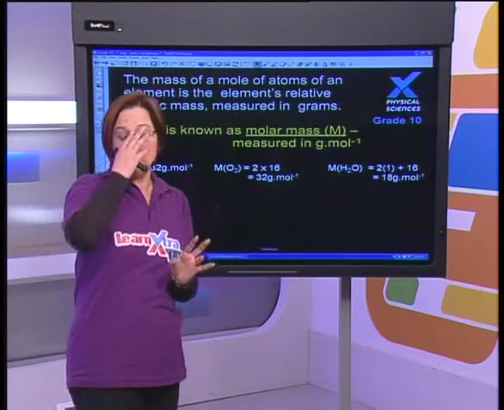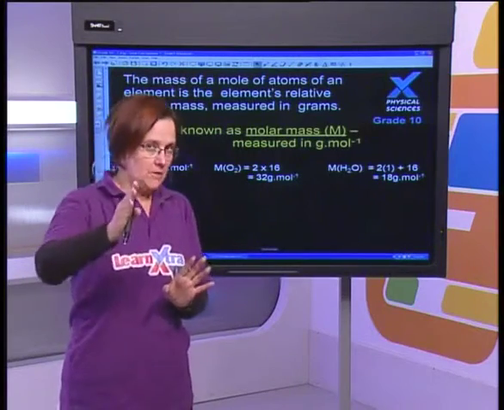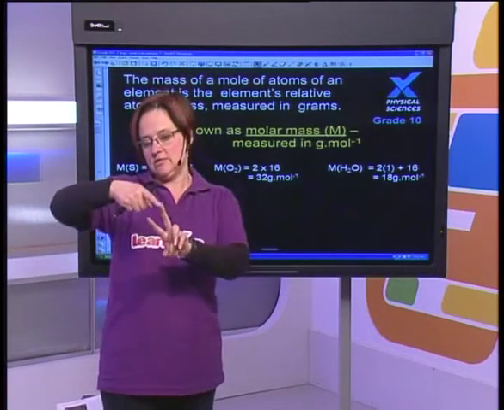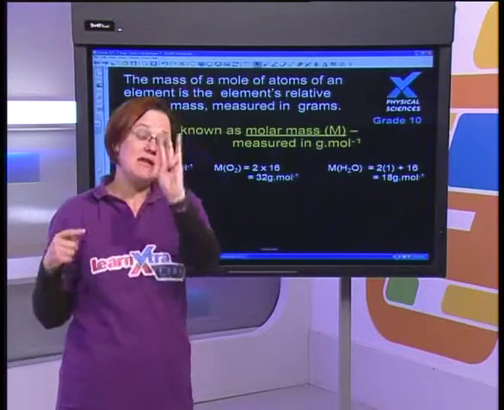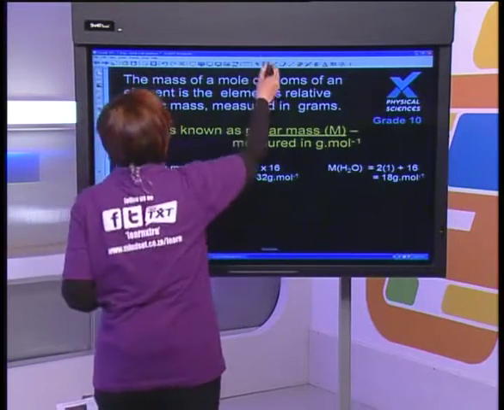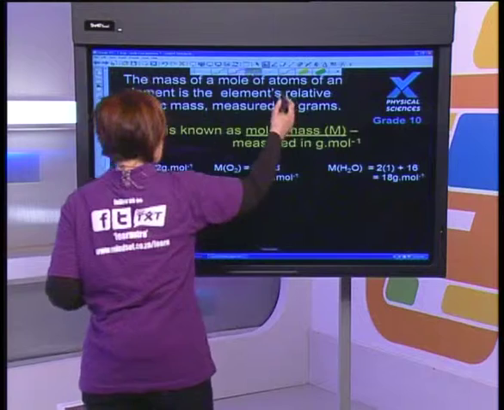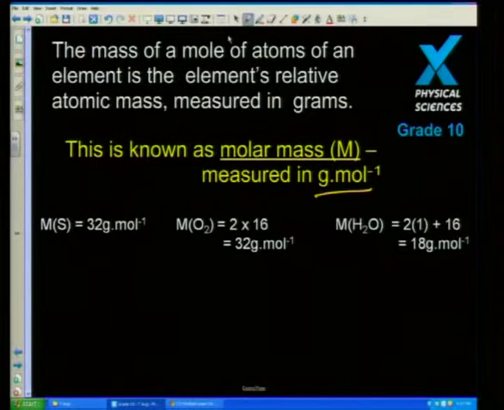Once we start getting into molar mass, whether it's molar molecular mass or atomic mass, now we get to the point where we need to use our units, okay? New units, grams per mole, okay? Grams per mole, mole to the minus 1.